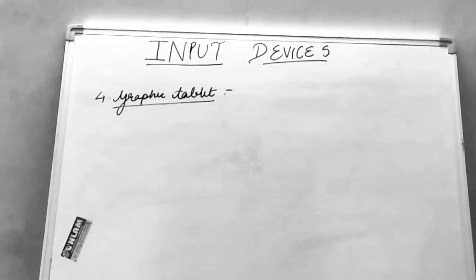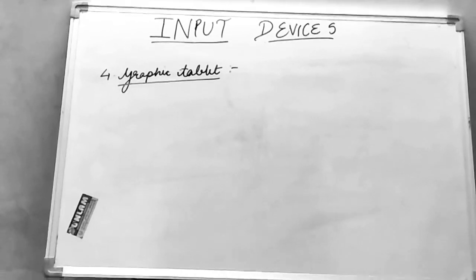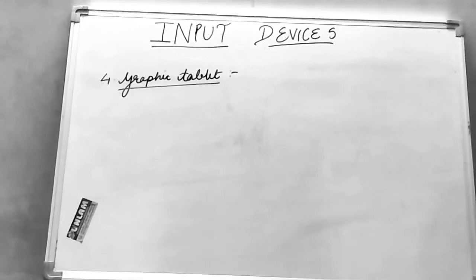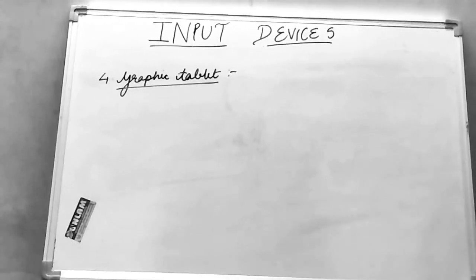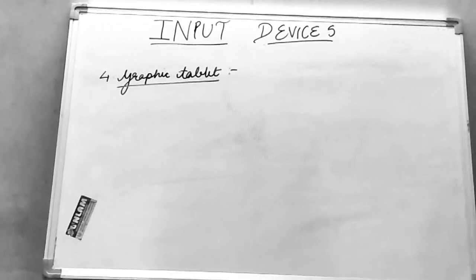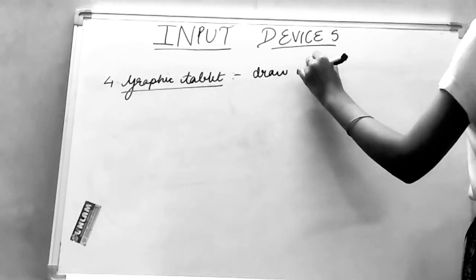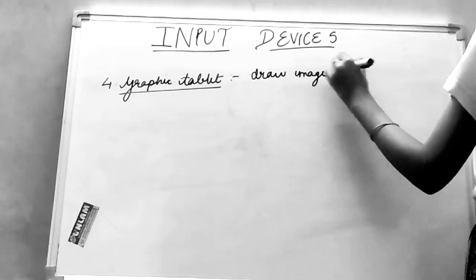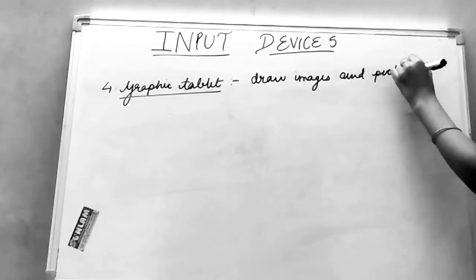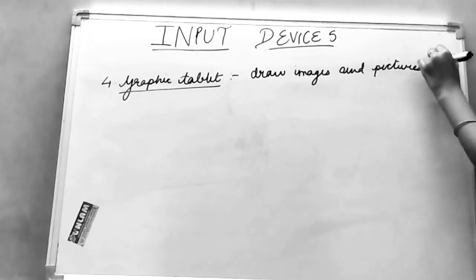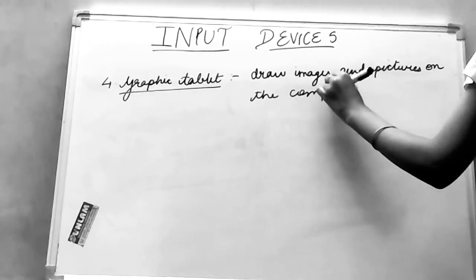So next input device is graphic tablet. As we have learned earlier, there are many input devices and this is also an example of an input device. It is used to draw images and pictures on the computer screen.